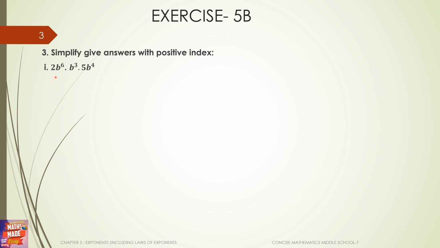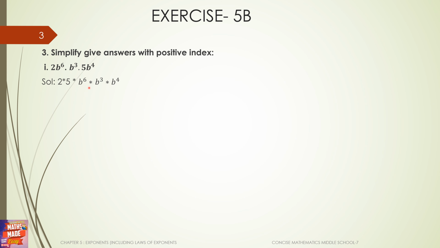So all these three values should be the same. How to make it the same? If you remove this 2 and take it aside, it becomes b. Even here it is b. If you take this 5 to the side, it becomes b, right? So just write down this 5 into 2 on the left hand side and multiply.